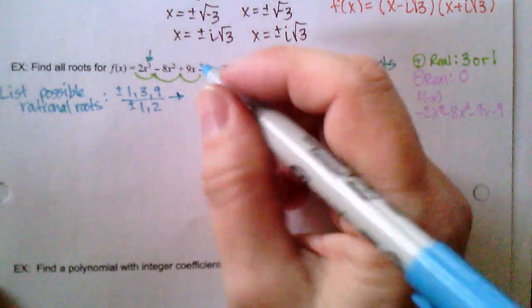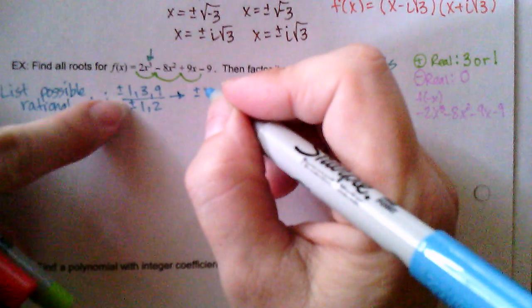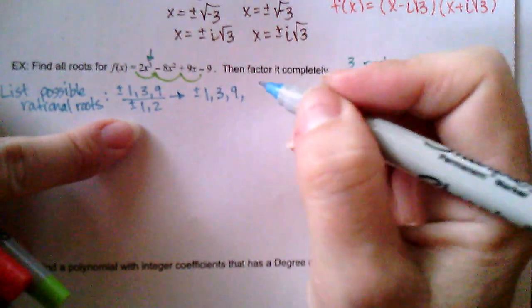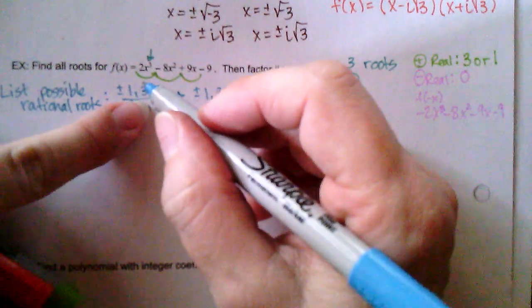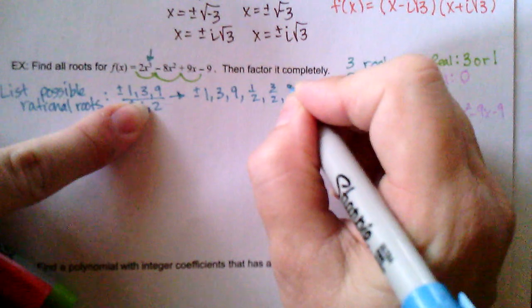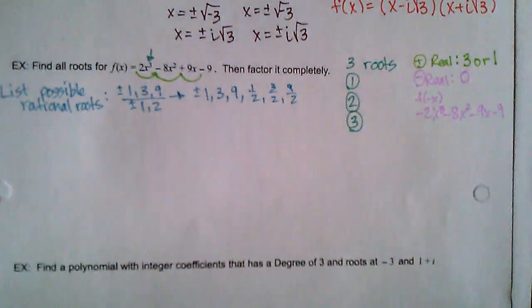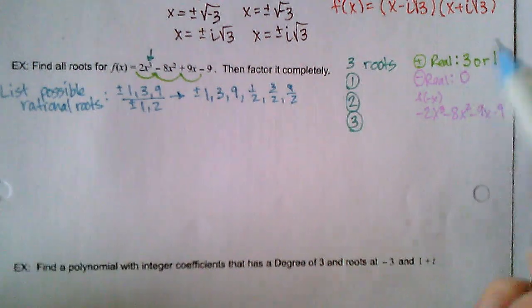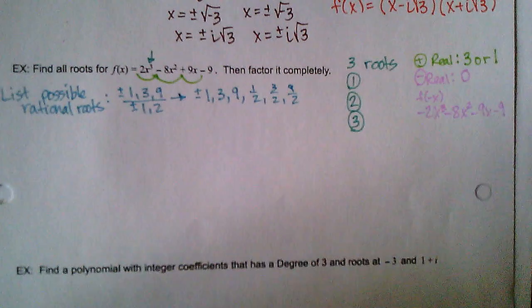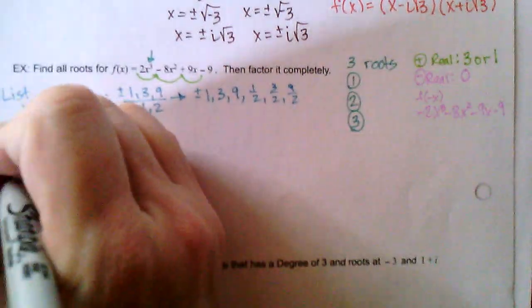And then when I split that apart, I'll have plus or minus 1 over 1, 3 over 1, 9 over 1. And then use the 2. So 1 over 2, 3 over 2, 9 over 2. Again, I don't need to test any negatives because there are no negative real roots. But then I could test using the positive values.